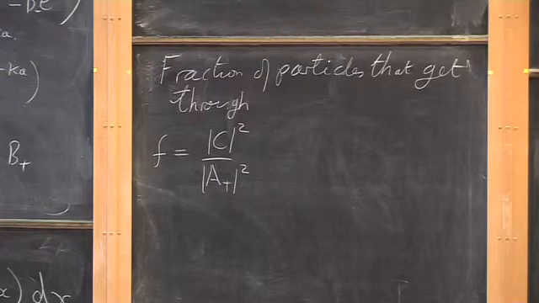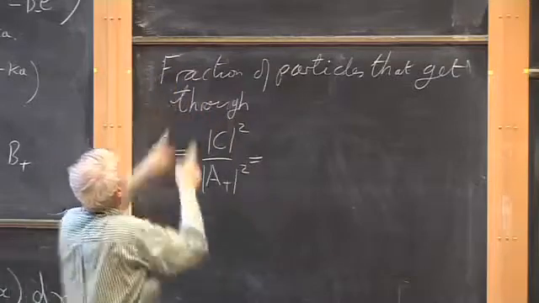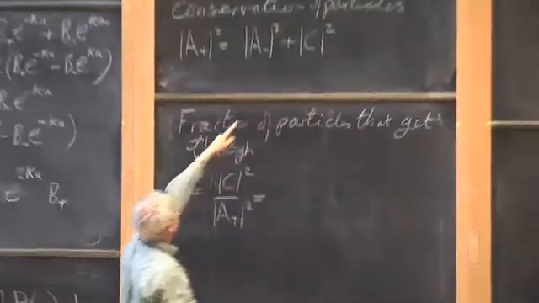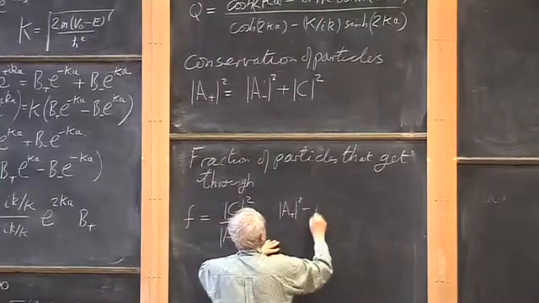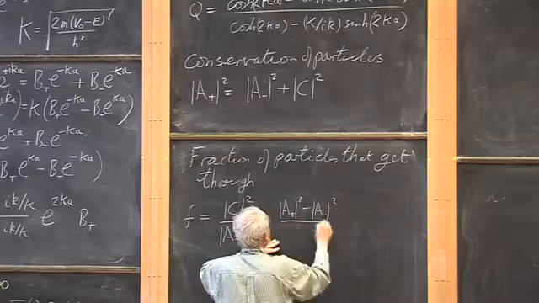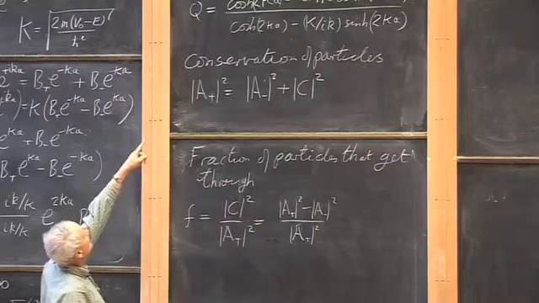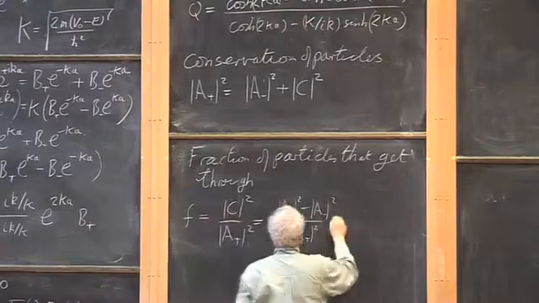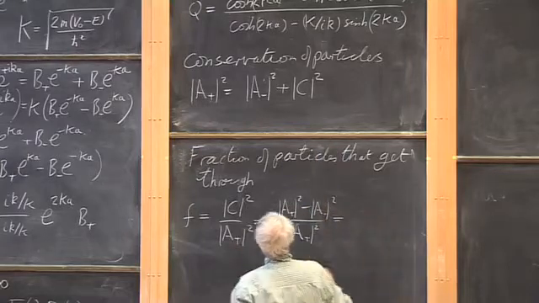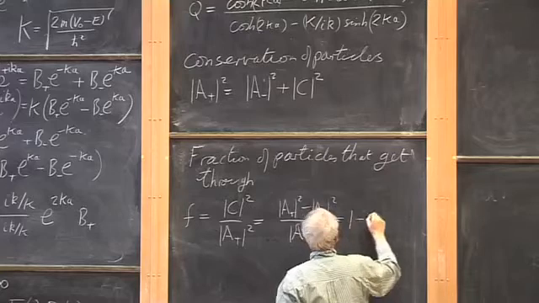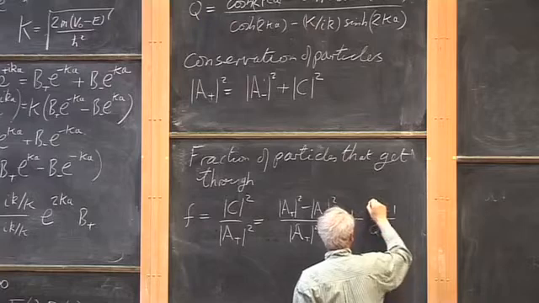So the fraction of particles that get through will be given by this ratio, which, given that relationship, we can write as A plus mod squared minus A minus mod squared over A plus mod squared. But we've got A minus mod squared from that expression at the top, as a multiple of A plus mod squared, so we can write this as 1 minus q minus 1 over q plus 1 mod squared.